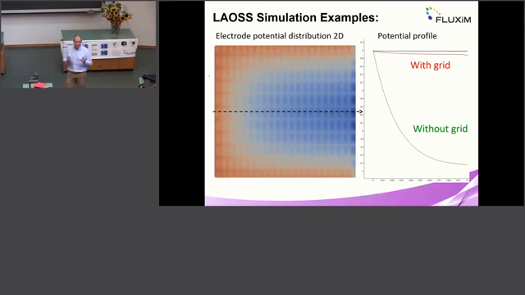Now I'm switching a bit between OLED and PV examples. This could be an OLED example where we have a quadratic OLED shape and we apply a voltage on 3 of the 4 sides. What we evaluate here is a cross-section, the potential distribution in this direction. On the right-hand side, you see the potential.